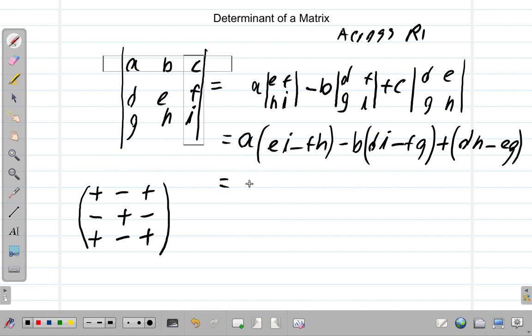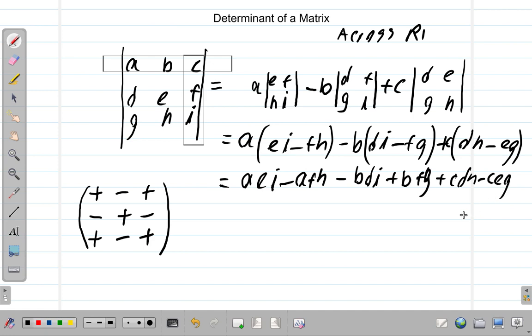So what you have, you multiply out and you have aei minus afh minus bdi plus bfg plus cdh minus ceg. Alright? So that's what you have there.